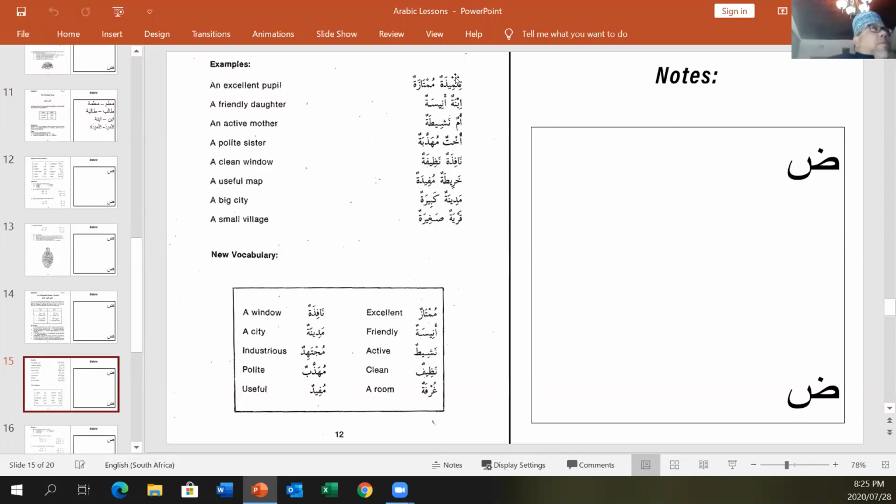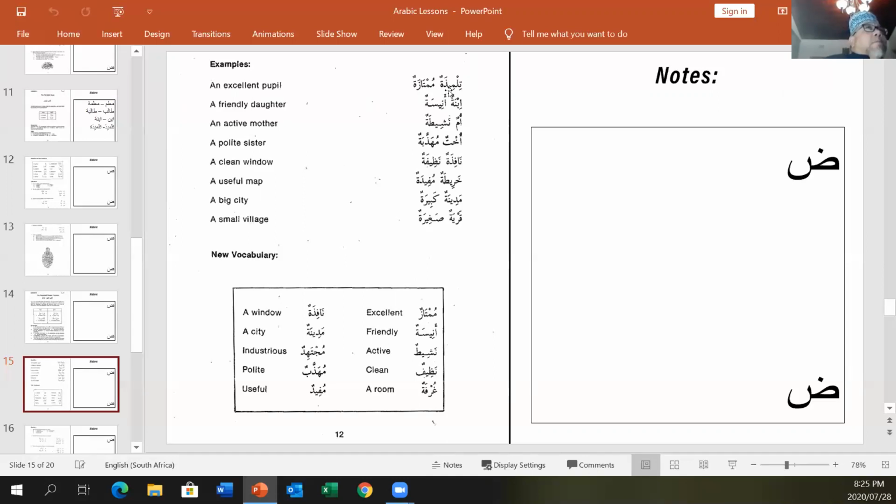For example, tilmidatun mumtazatun. Okay? Tilmidatun mumtazatun. Excellent.